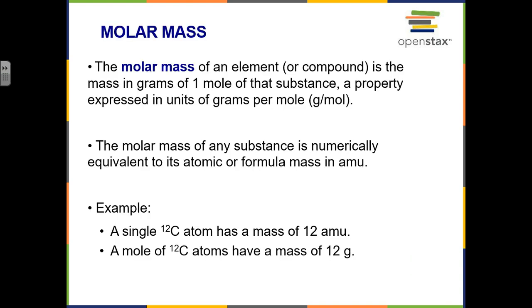So, when we're talking about molecular mass and formula mass, the term molar mass should come up. The molar mass of an element or compound is the mass in grams of 1 mole of that substance. It's a property expressed in units of grams per mole. You can find the molar mass of any substance using your mass number, or the atomic or formula mass in AMU.